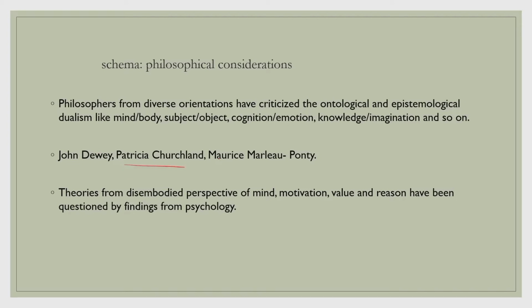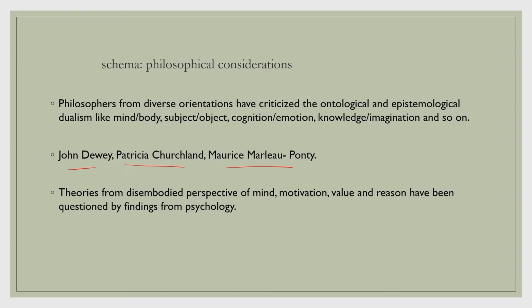Patricia Churchland, Maurice Merleau-Ponty, John Dewey and many others have significantly put forward their point, with a very severe critique of both ontological and epistemological dualism. Dualism has been of many kinds, like Cartesian dualism that we talk about. It has had many facets.